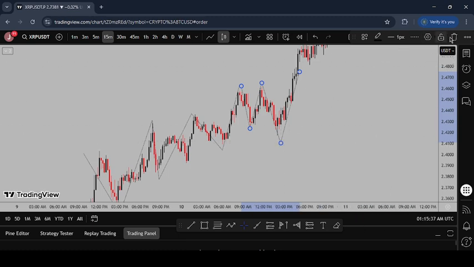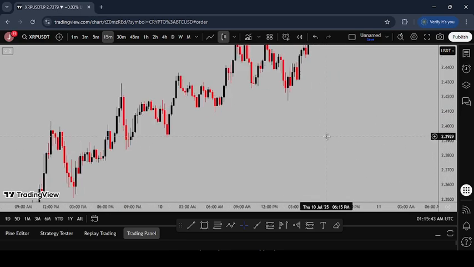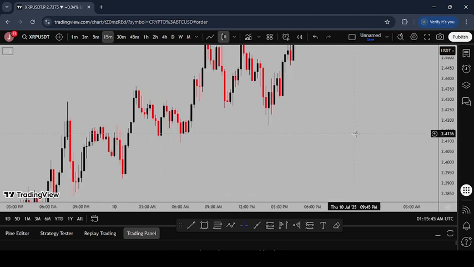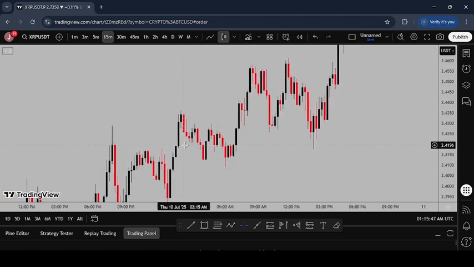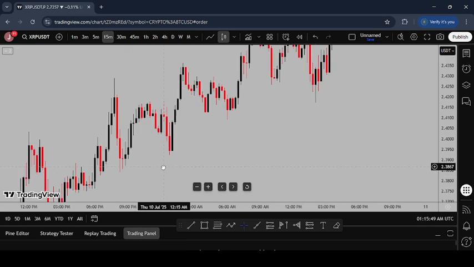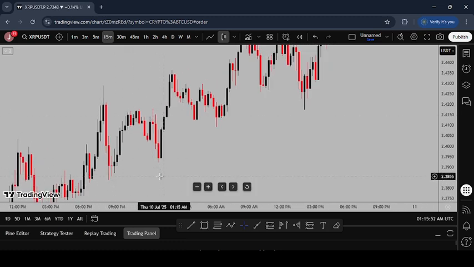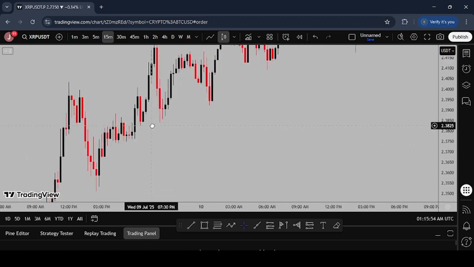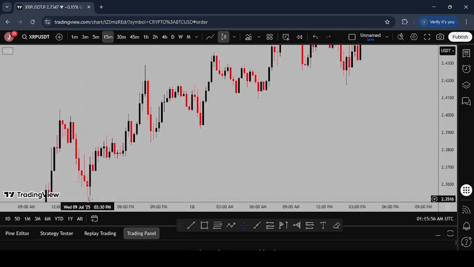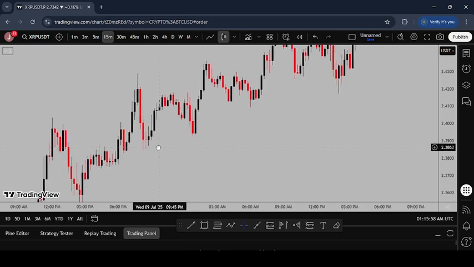Now let me clean this to show you guys what happened right here. If you look at this structure, it is quite bullish. The market made a swing from the swing low point and created internal structure, because once we broke structure to the upside, the market retraced from the low.